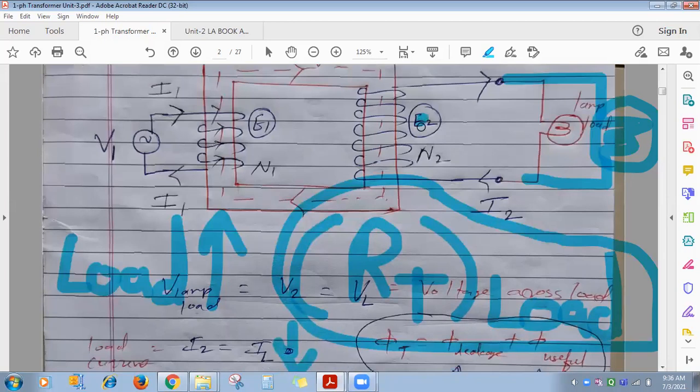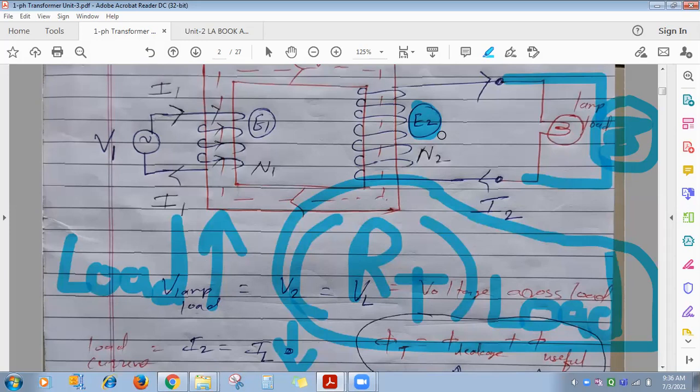And what is the case with E2? Is it constant? I told you, no? V1, E1 and E2 are constant.